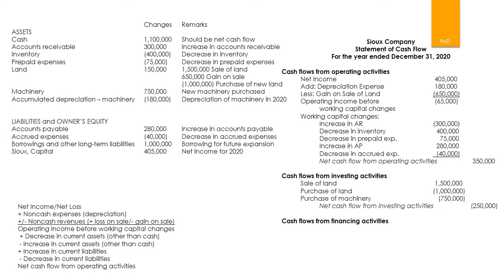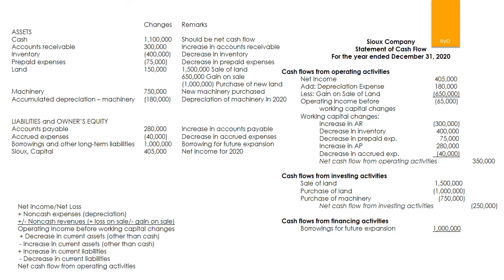Then we have our cash flows from financing activities. We have our borrowings for future expansion at 1 million. And there is no mention of additional investment or withdrawal by the owner. So if the question asks, how much is the net cash flow from financing activities?